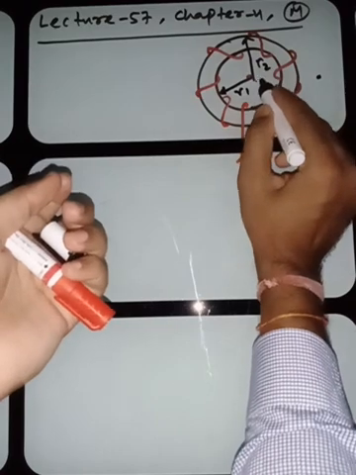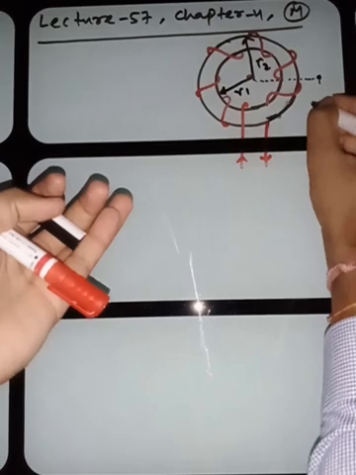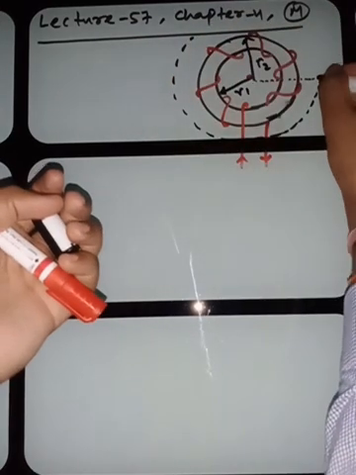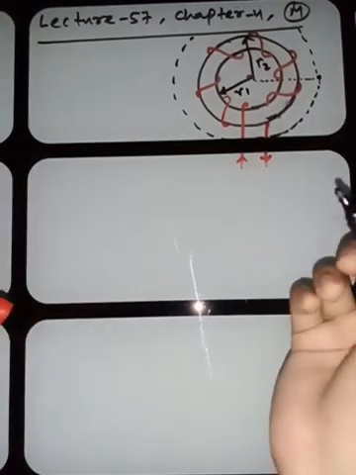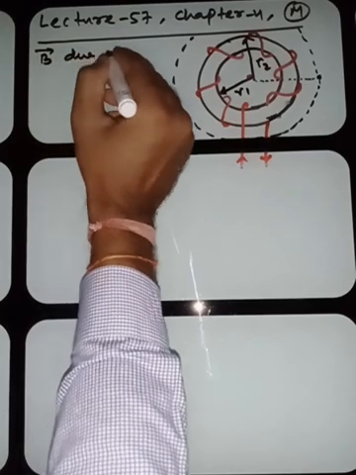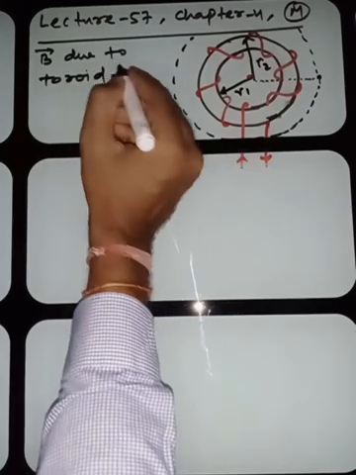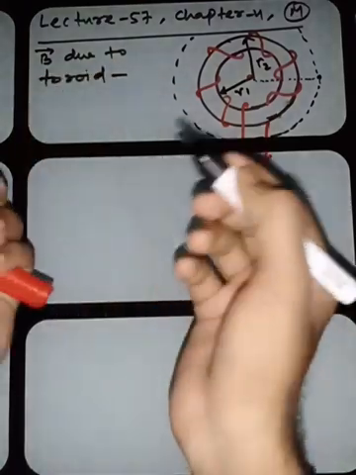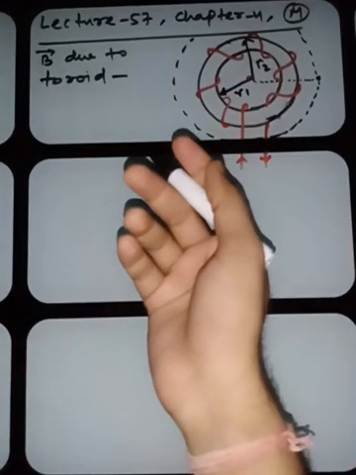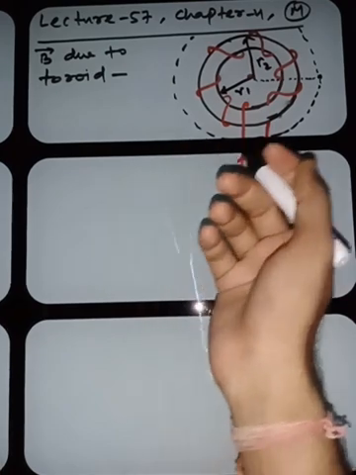So using Ampere's circuital law, we first have to draw the Amperian loop this way. Making the Amperian loop, what we are doing is finding B due to the toroid. The toroid is an arrangement in which we don't get any pole.